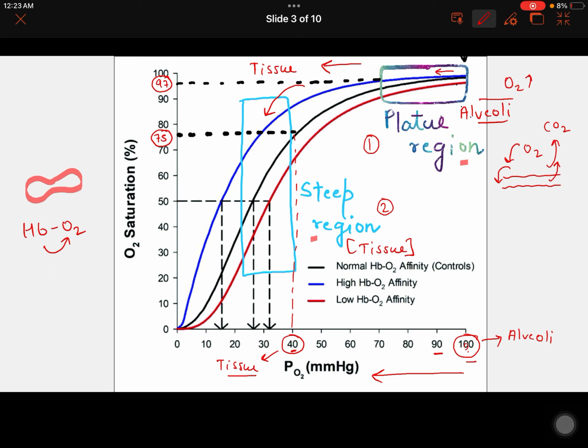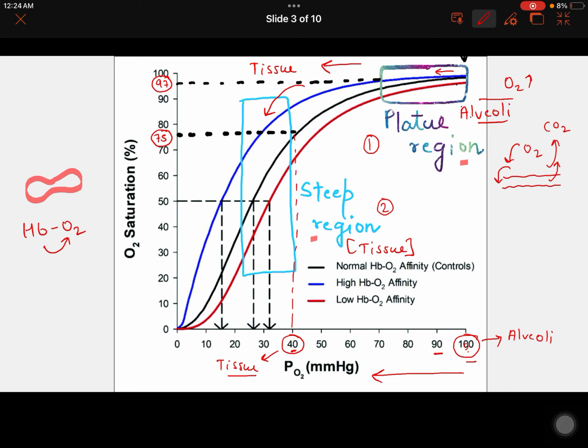The take home point from this slide is that this curve is an S-shaped curve. This curve tells us about the affinity of hemoglobin with oxygen. Second, we have two regions: the plateau region and the steep region. At a partial pressure of oxygen of 100, the human is physiologically maintaining around 97-98% saturation.